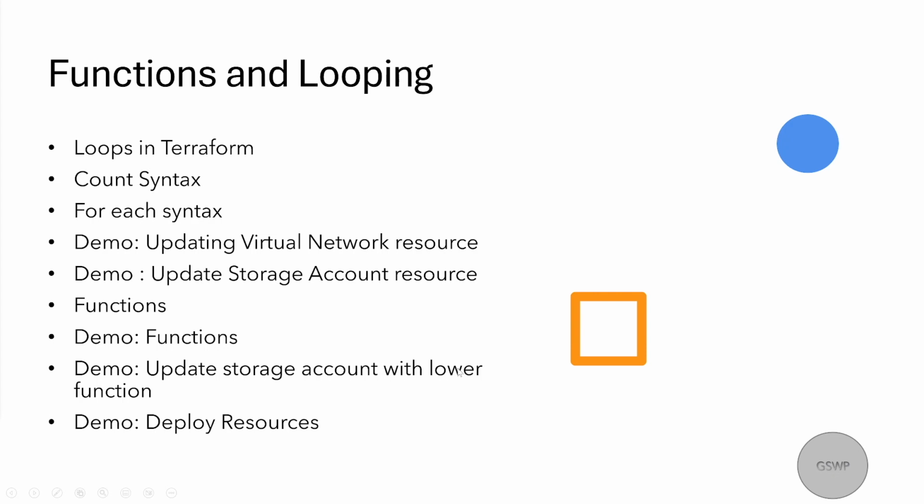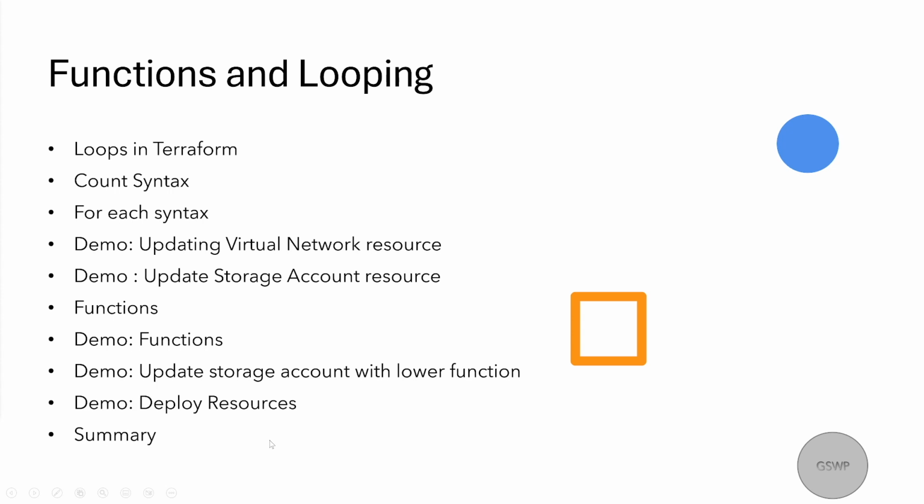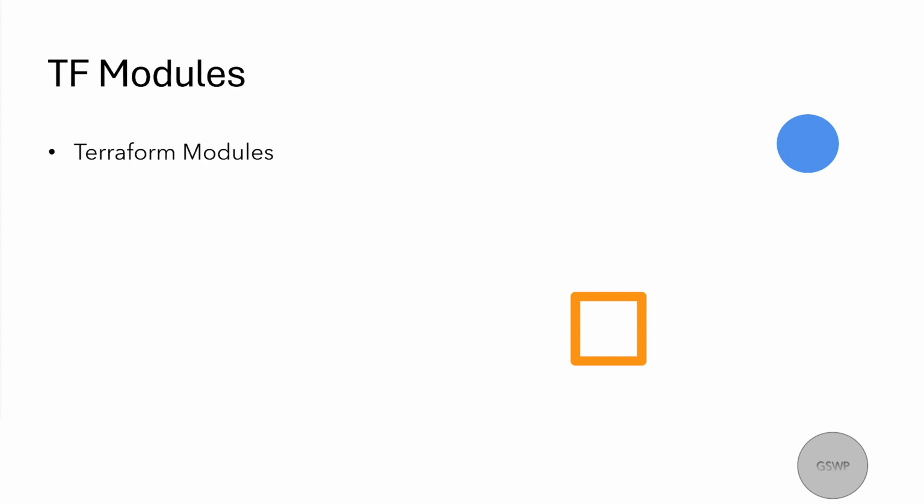We haven't done it, but it's very simple, you know that. We just use the lower function in the name and that's all. Then deploy resources and the summary, and this is all we have completed in this module, all the functions and looping. And moving on to the next module, which is Terraform modules.